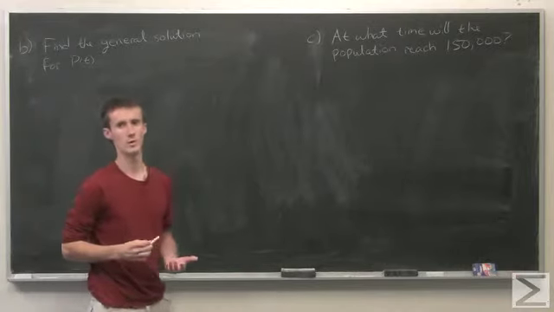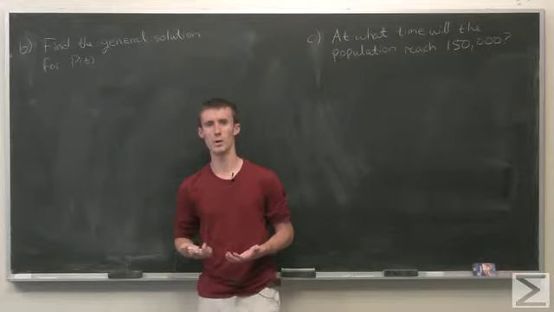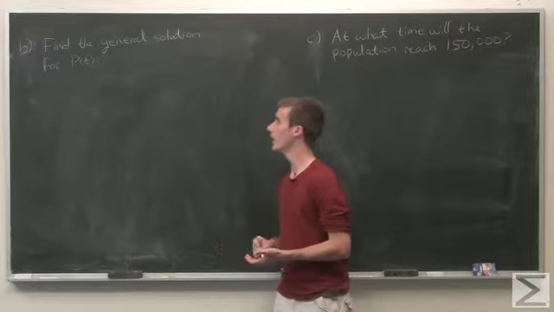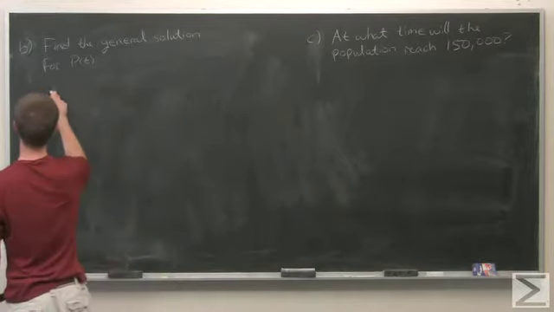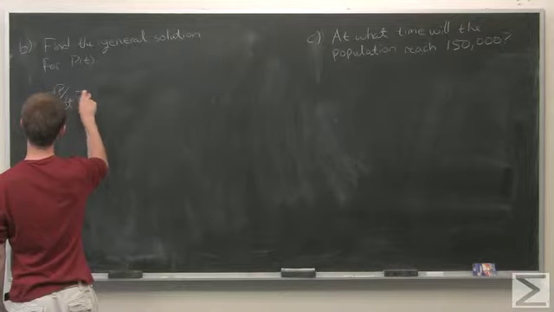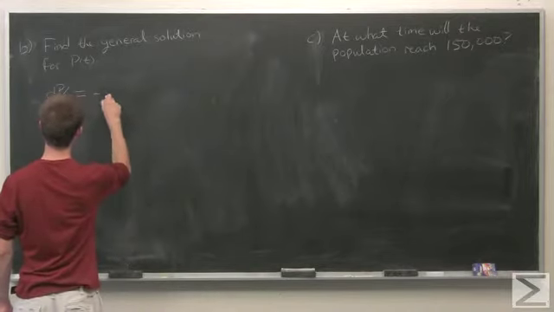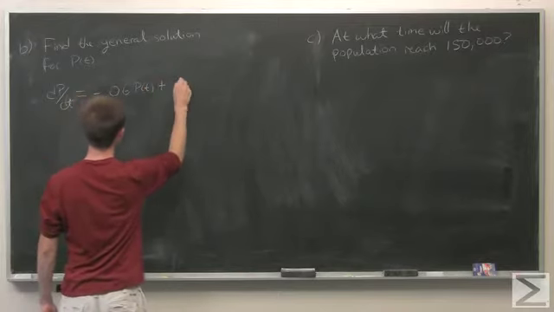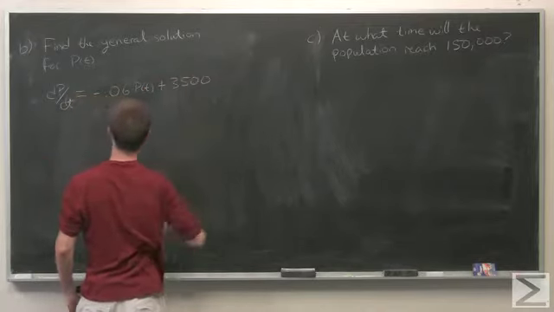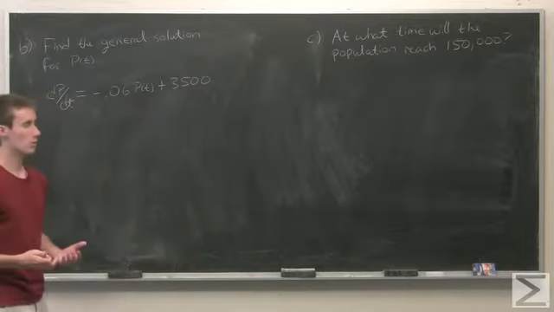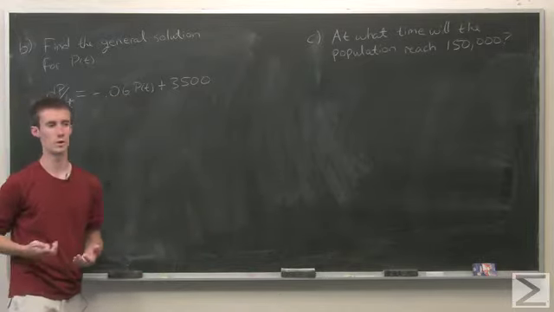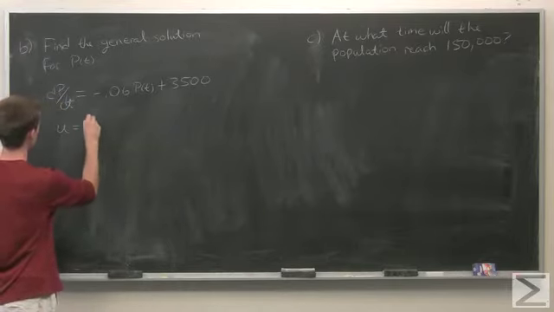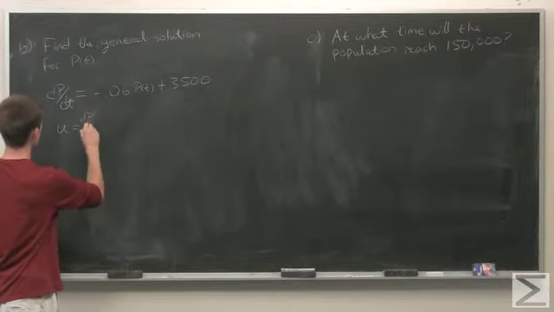Now we look for the general solution for the population as a function of t. So remember that we found that dP/dt is equal to negative 0.06 P of t plus 3,500. Now, we're going to follow an example that was done earlier in the chapter, and we're going to define u to be dP/dt.